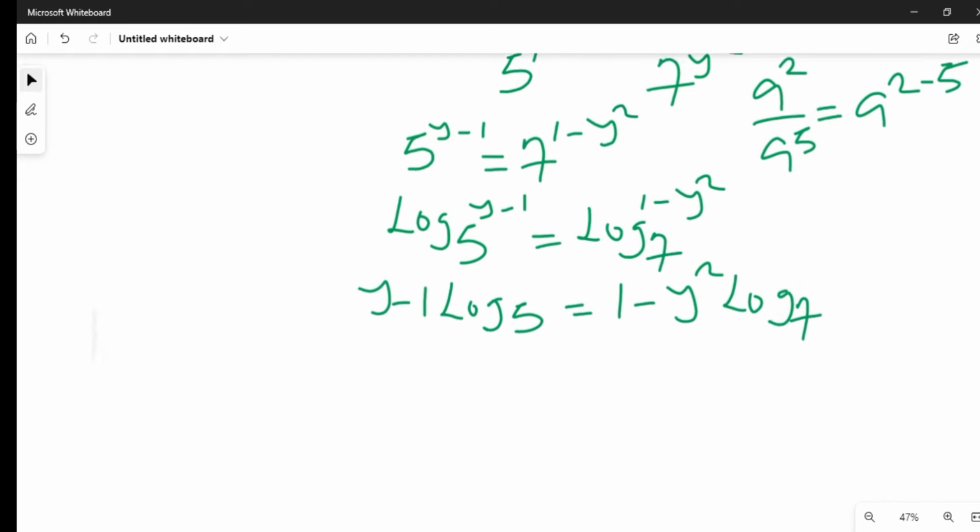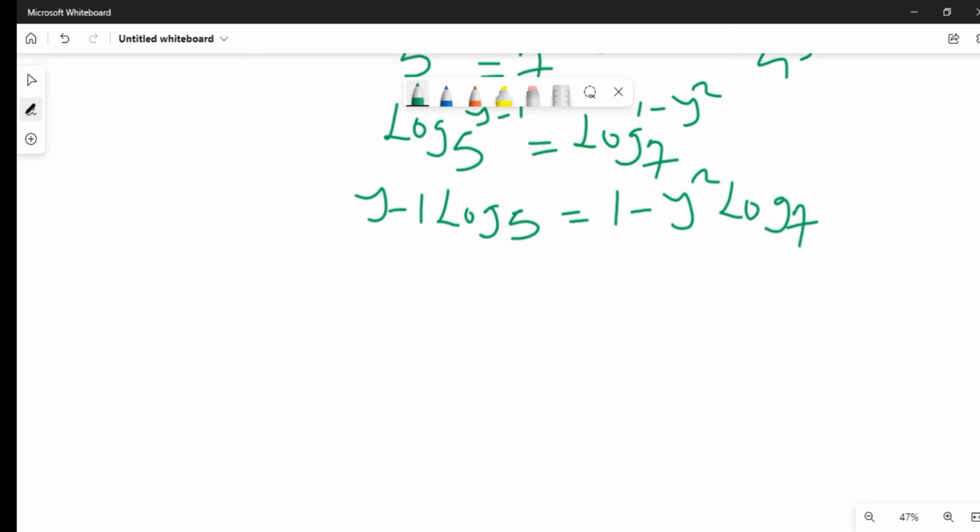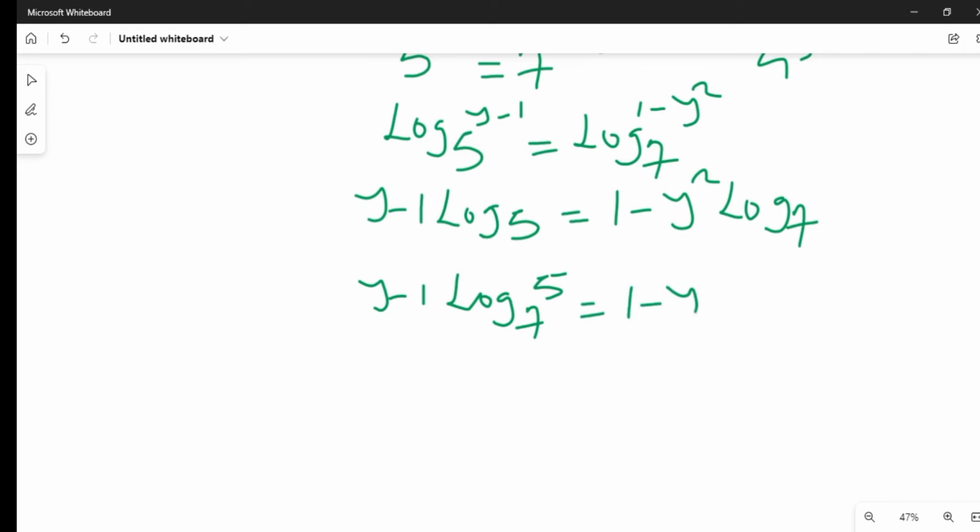To simplify further, we take log base 7 of both sides. So we'll have y minus 1 times log of 5 base 7 equal to 1 minus y squared times log of 7 base 7. Remember, log of 7 base 7 is equal to 1.